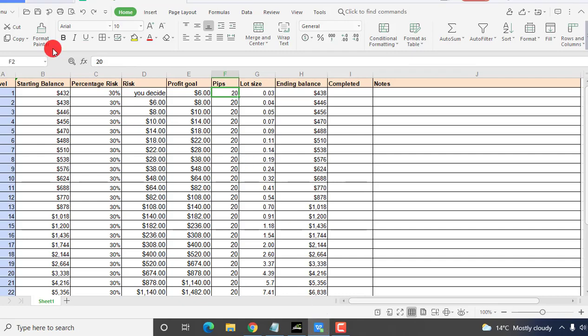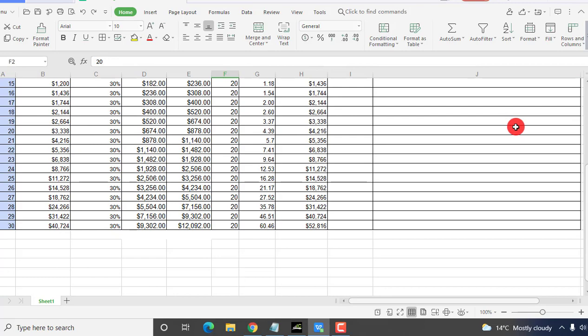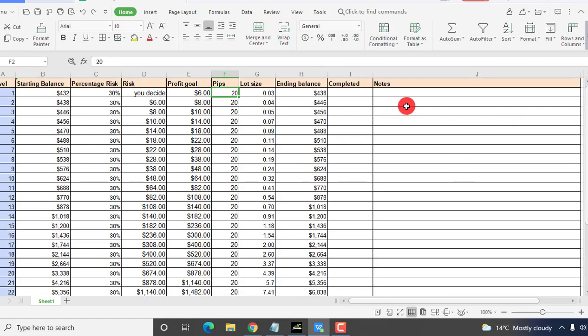grow the account. So I got a spreadsheet from him which gives you a plan going forward for your challenge.